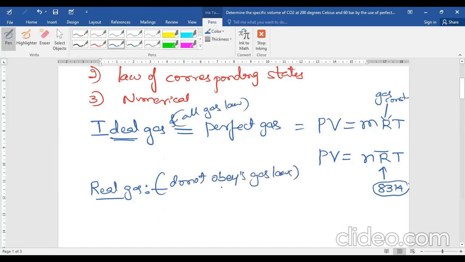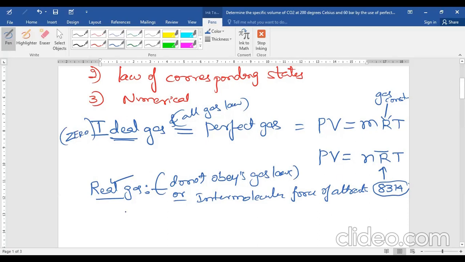Intermolecular force of attraction between two molecules is considered in real gases. In ideal gases, we assume the intermolecular force of attraction is 0. That is one point.